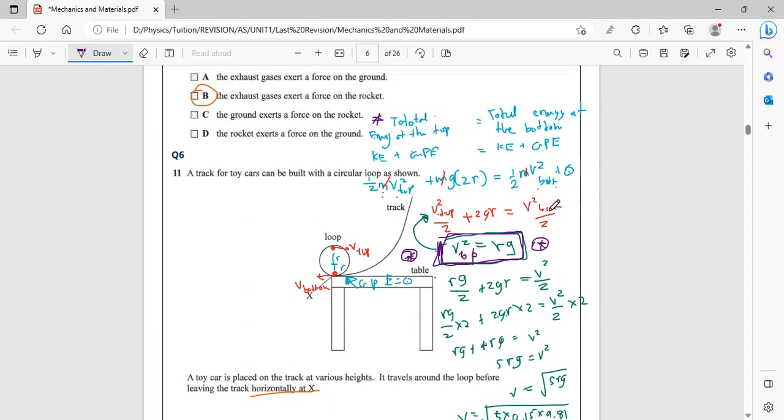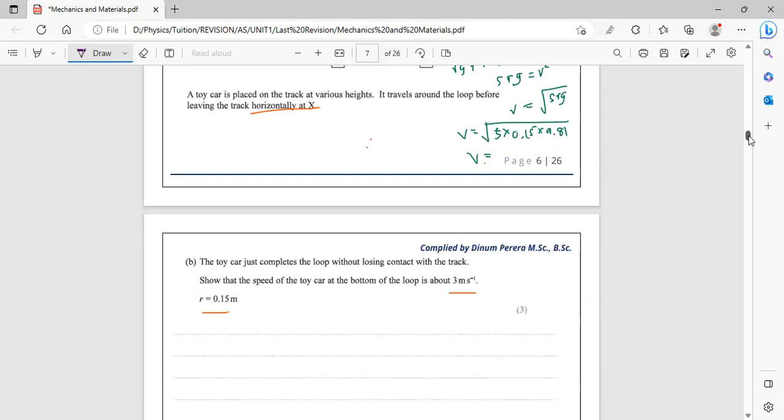If you have v top and v bottom both in the equation, there are two unknowns in the equation, so we need to get rid of one of the unknowns because we need to find the velocity at the bottom.